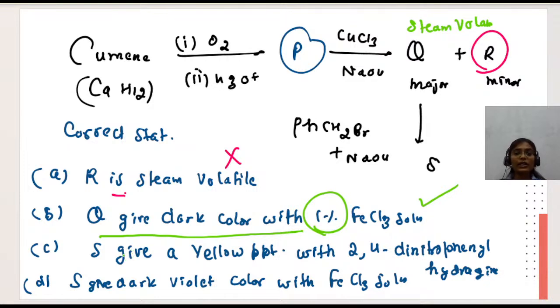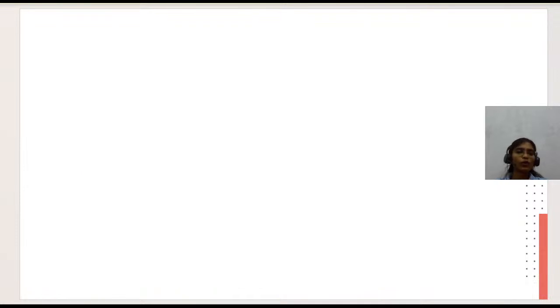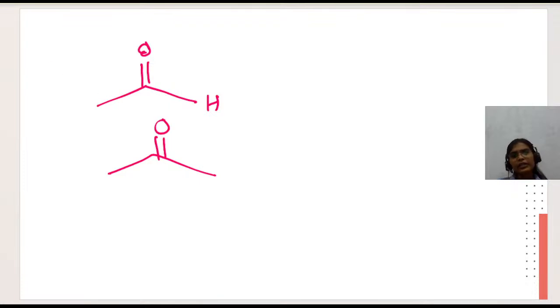Now the third statement, C, says S gives a yellow precipitate with 2,4-dinitrophenylhydrazine. I know that maybe you don't know option C, so let me explain what this is. If you have an aldehyde, or even a ketone, so both aldehyde and ketone, and suppose I have this kind of bonding, NH2 NH2, what is happening there?